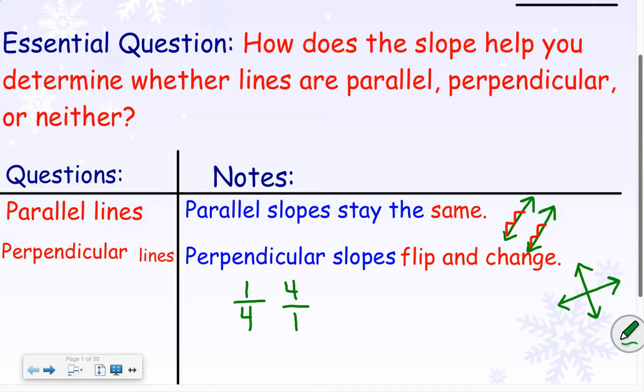So since 1/4 was positive, 4/1 would be negative. So two lines, one with a slope of 1/4 and one with a slope of -4 or -4/1, those would be perpendicular. So parallel slopes stay the same, perpendicular flip and change.